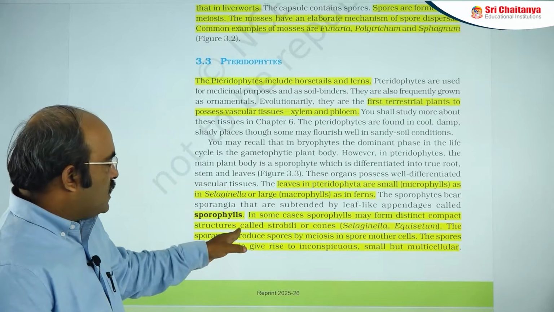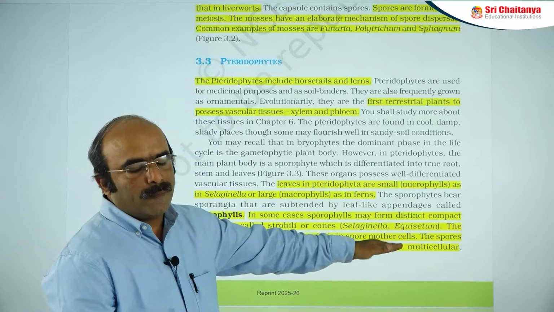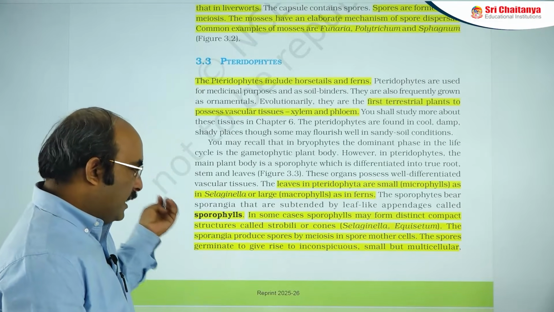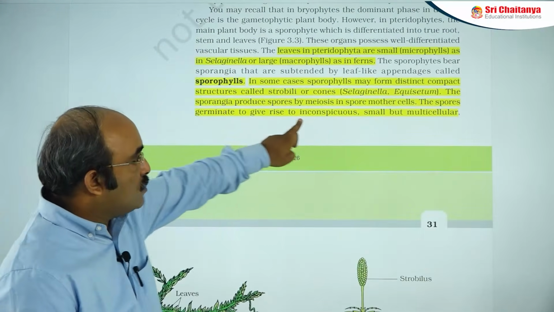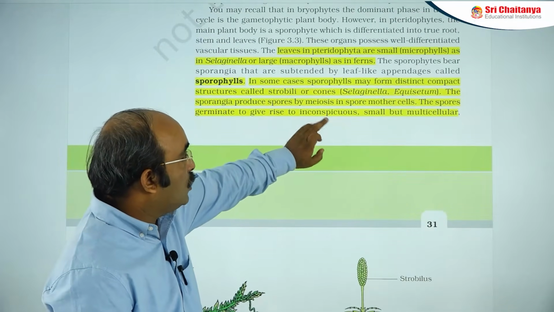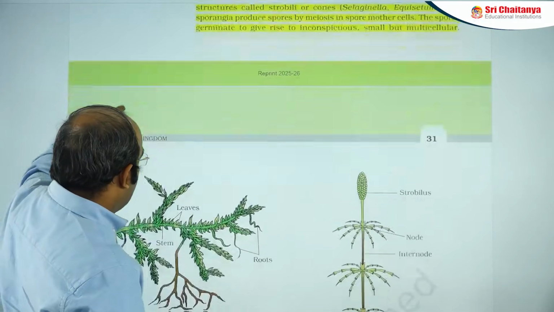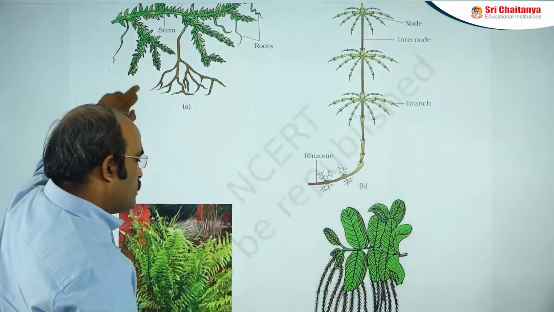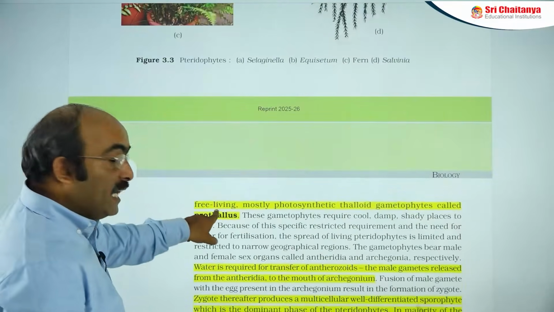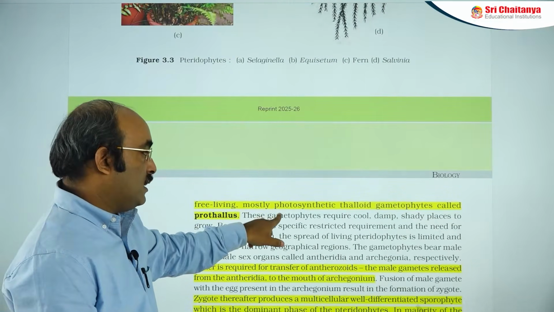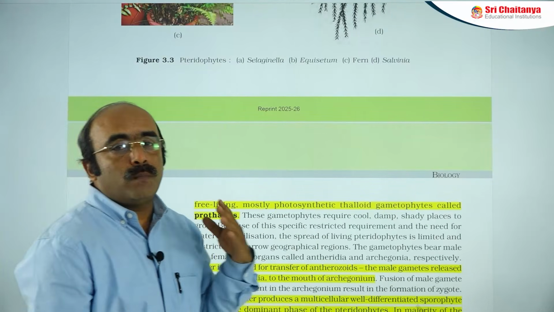And the sporangia produce spores by meiosis in spore mother cells. The spore mother cells undergo meiosis, and the spores will germinate to give rise to, these are very important points, inconspicuous, small but multicellular, free-living, photosynthetic, thalloid gametophytes, which is called prothallus.